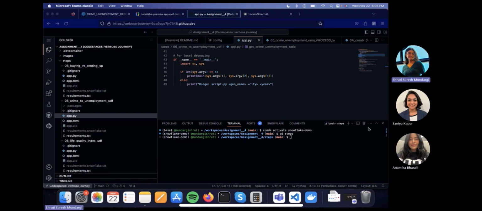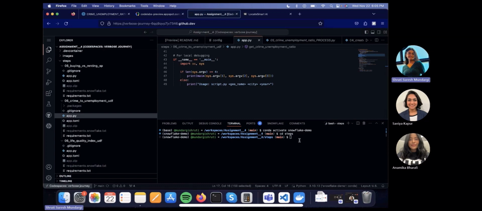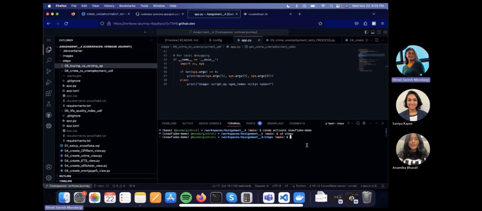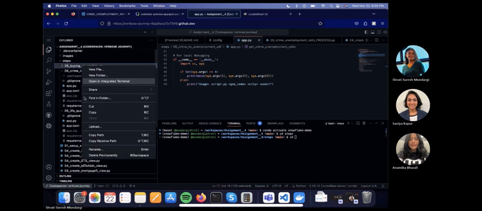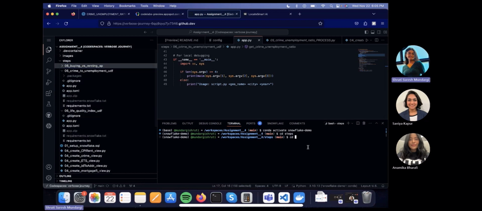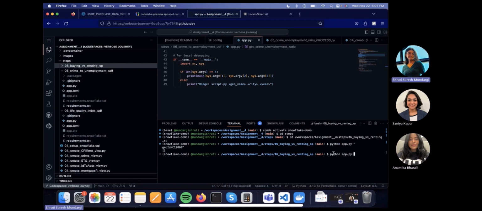Okay, so let me quickly run each of these functions. First, let us begin with buying and renting. Let me add one geo ID.